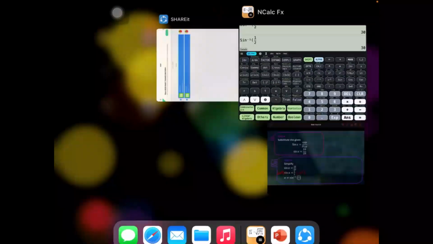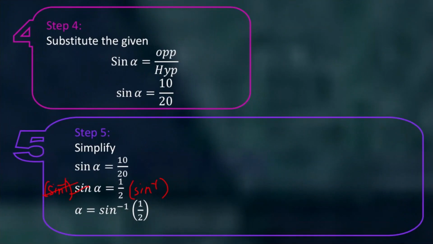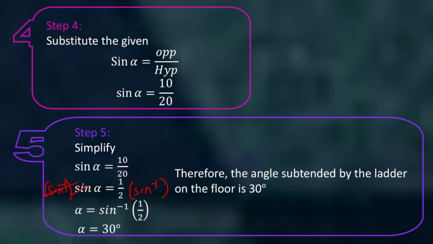Therefore, ang sagot po ng sine inverse times 1/2 is equal to 30 degrees. Conclusion po natin sa ating problem, therefore, the angle subtended by the ladder on the floor is 30 degrees. Ganyan po mag-solve ng angle of elevation.